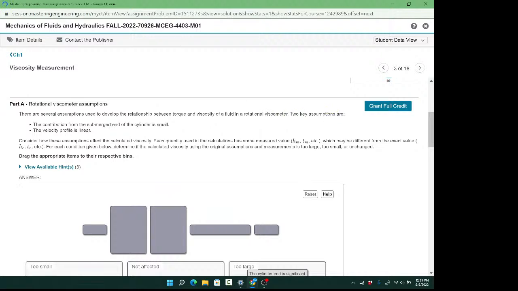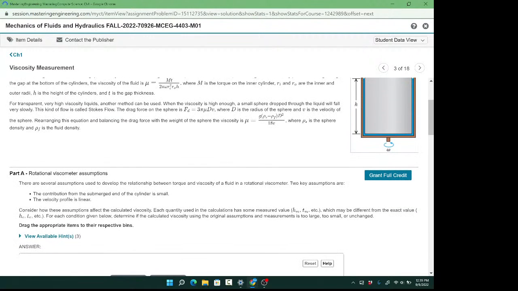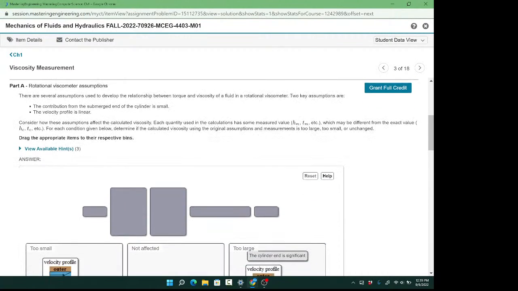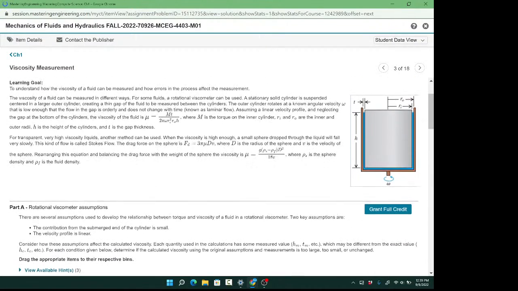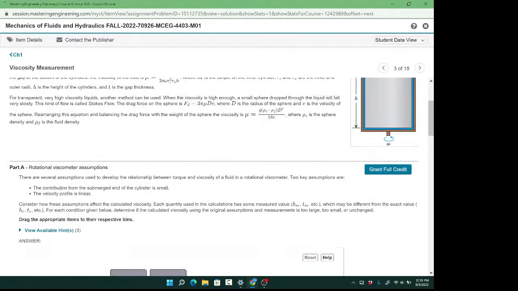Two key assumptions are the contribution from the submerged end of the cylinder is small, meaning that the part right there at the bottom doesn't have an effect, and the velocity profile is linear. That's a reasonable assumption if the difference between the inner and outer radius is really small compared to the radius itself.